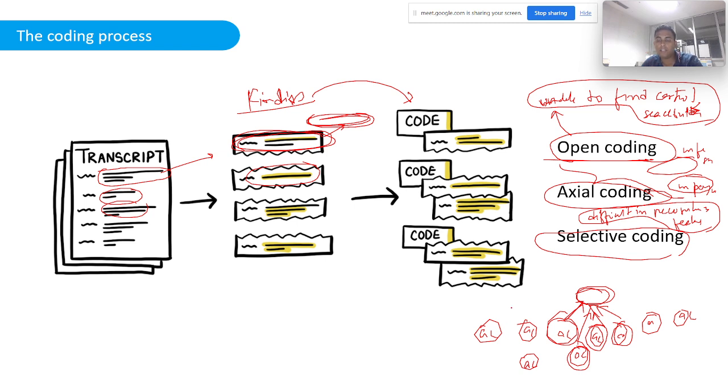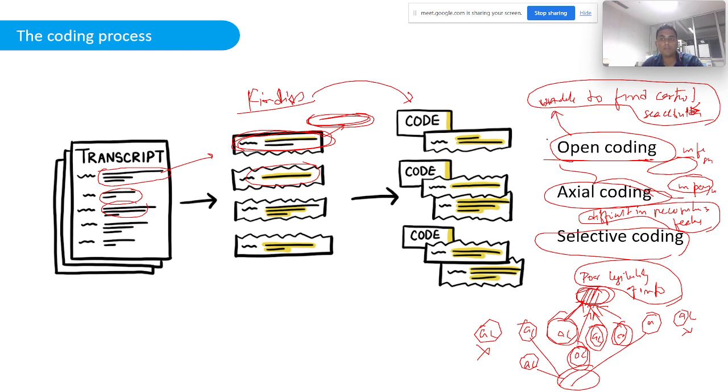In this process, you may reject a few axial codes, or you may group the axial codes in a different way. For example, this group having difficulties with navigation, difficulties with recognition, may be poor legibility of information. Now your objective is to improve the legibility of information. So that's how you group multiple axial codes into selective codes.